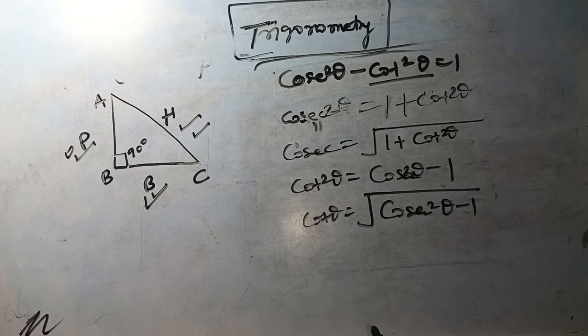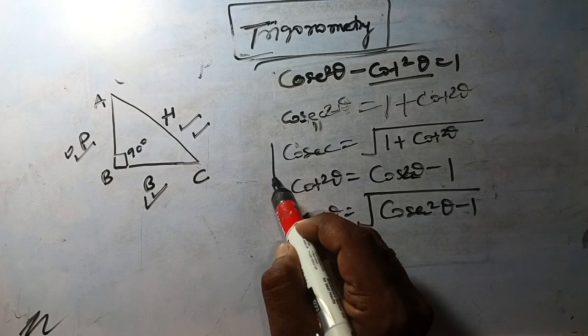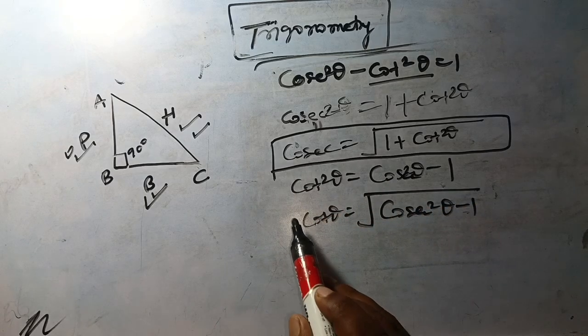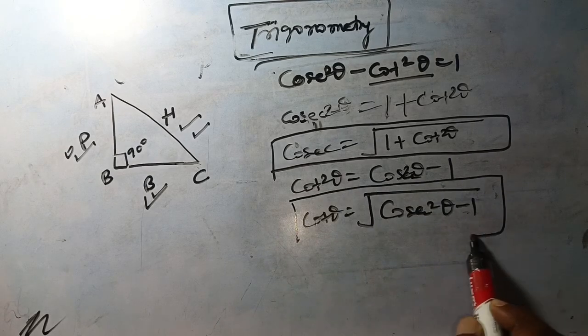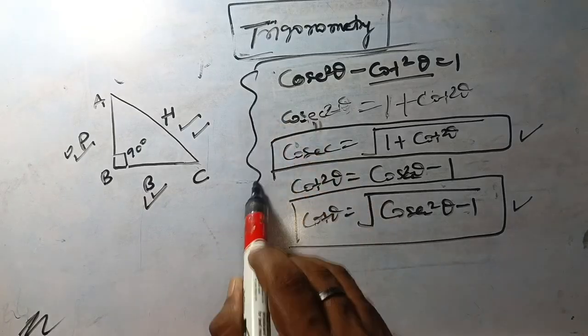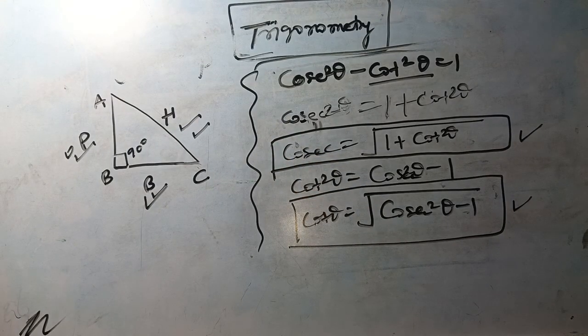So in this formula we have to be very careful that cosec theta is equal to root under 1 plus cot square theta, but cot theta is equal to root under cosec square theta minus 1. So we have to be very careful. We have to remember all these steps for this formula also.